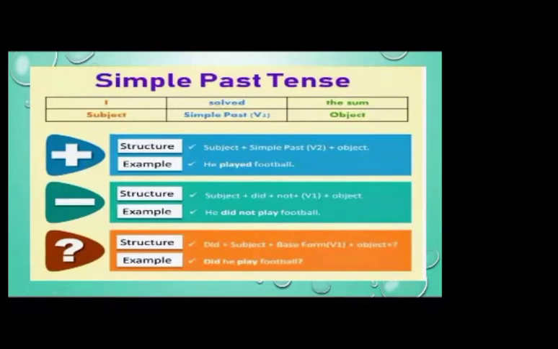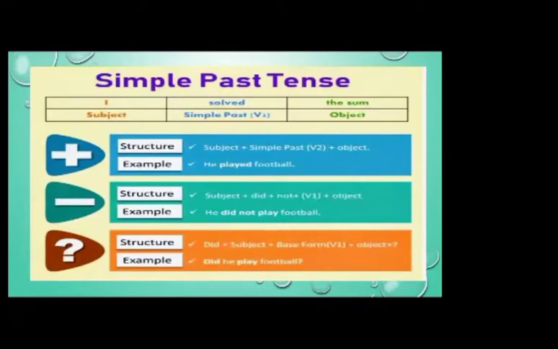So let's look at the positive or affirmative structure. Subject, simple past verb, second form plus object. Example, he played football. Negative structure, subject, did plus not plus verb's first form plus object.